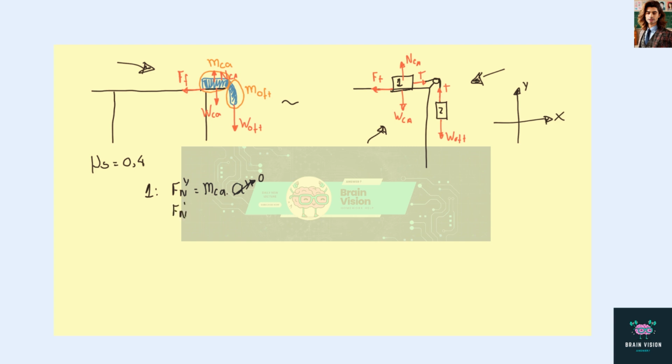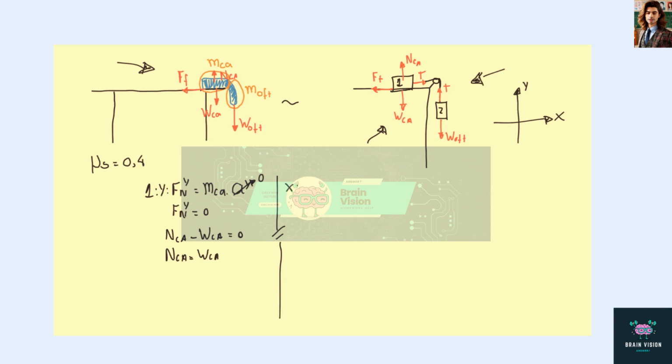The net force in the y direction is composed of two forces, the normal force, which points in the positive vertical direction, minus the weight force that points in the negative vertical direction. This is equal to 0, so the normal force is equal to the weight force, as we can see from the beginning.